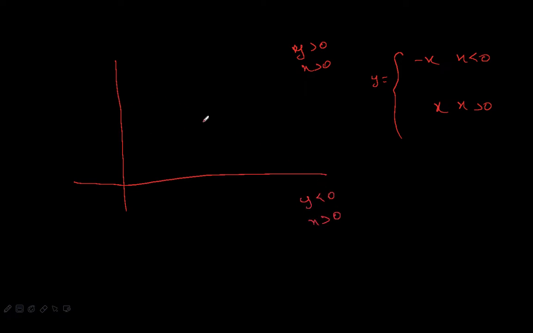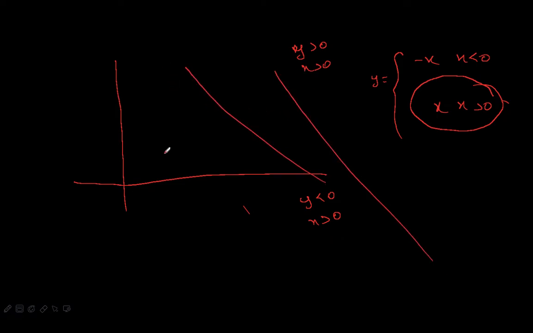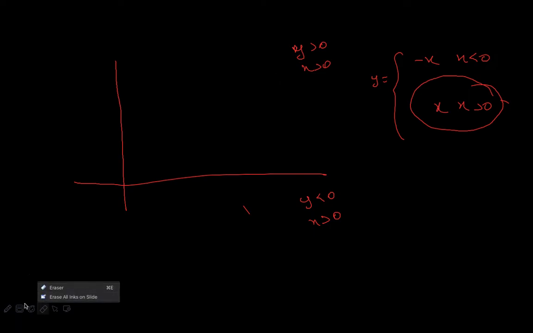Now for the x positive region, y equal to x. This whole region is the x positive region. So for this region the equation of mod x is y equal to x.